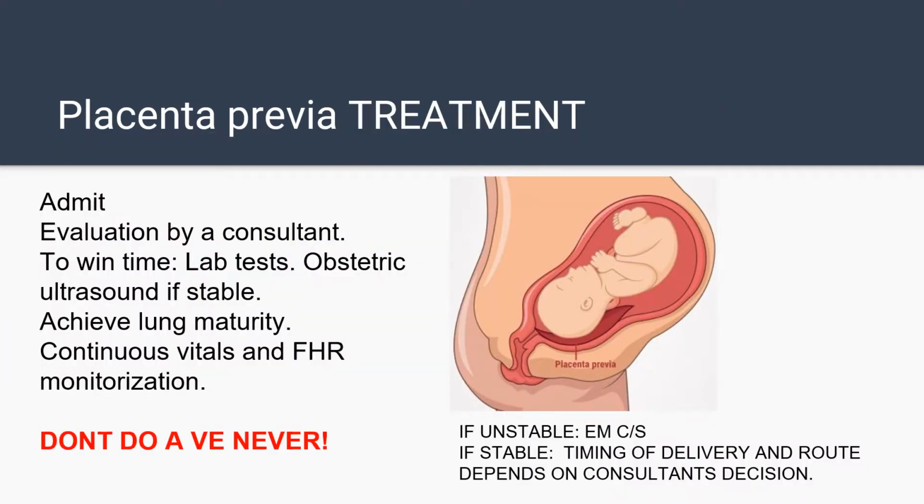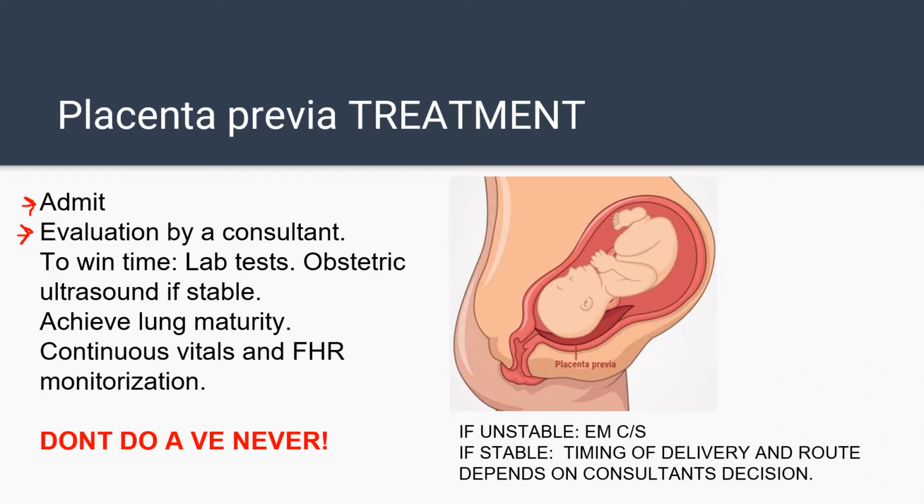Placenta previa treatment. First, you need to approach this patient, as I told you, with the 5 questions. So you need to check the ABC first, whether the patient is stable or not, and everything. But once you have a clearer diagnosis, the treatment is to admit the patient and arrange an evaluation by a consultant, and to win time before the consultant comes, because we know in Mbagathi it is very difficult to have the help of the consultant.